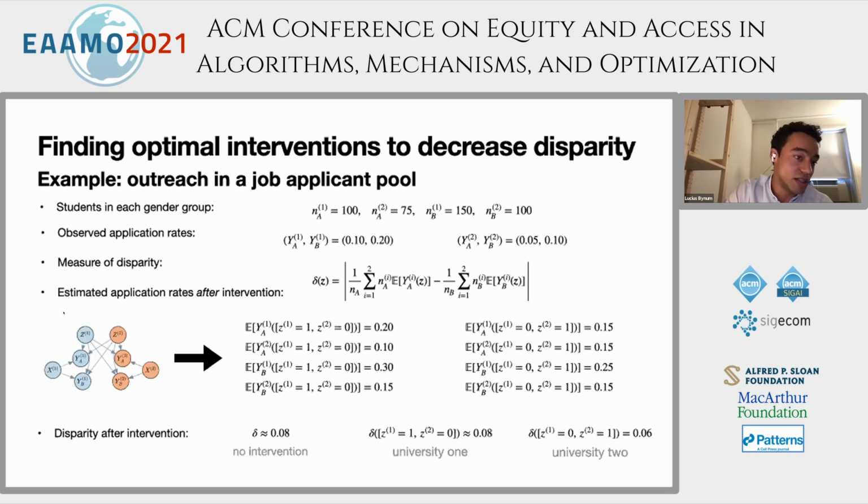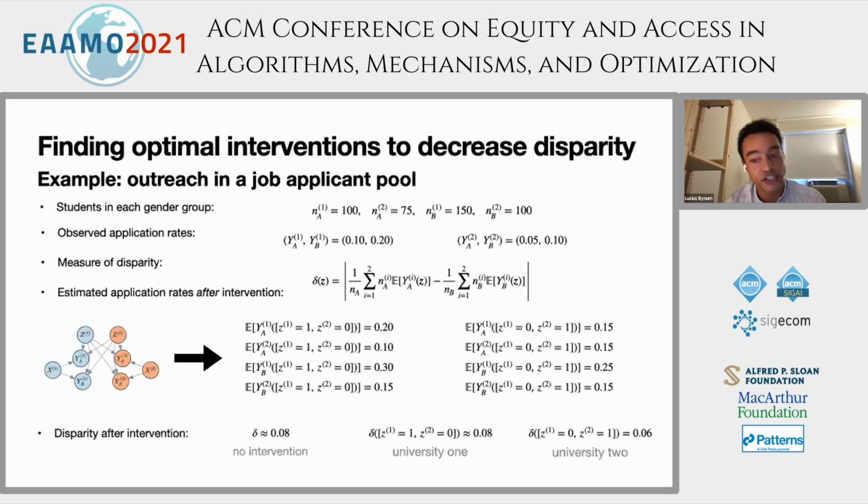So if we have a causal model, and this is the same picture from the previous slide, then we can estimate the effects of our interventions Z on the disaggregated outcomes YA and YB. And so just for the sake of demonstration, say we get the following expected outcome rates where our interventions potentially affect each group. Then using those estimates, we can compute our disparity measure before and after intervention.